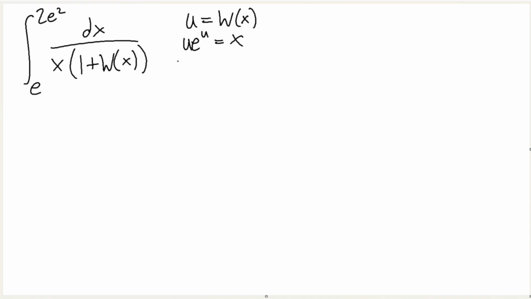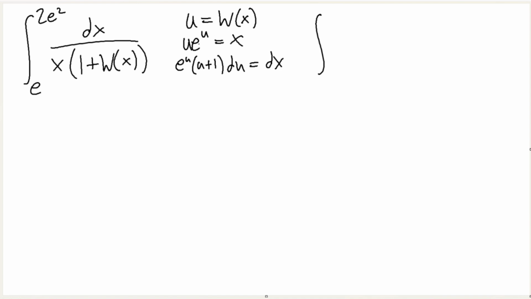Very cool, right? Now we have e to the u plus u e to the u. I should probably write it like this: e to the u plus 1 du is dx. So this is the derivative, because we used the product rule.